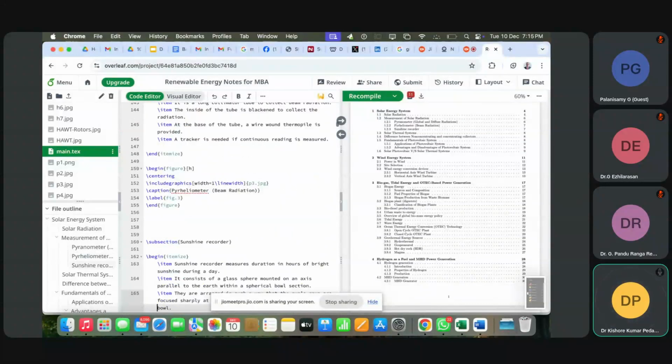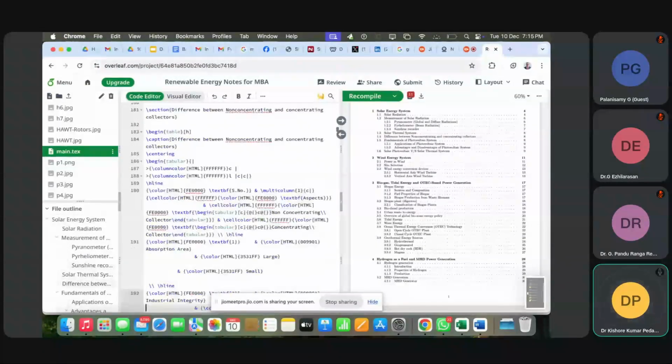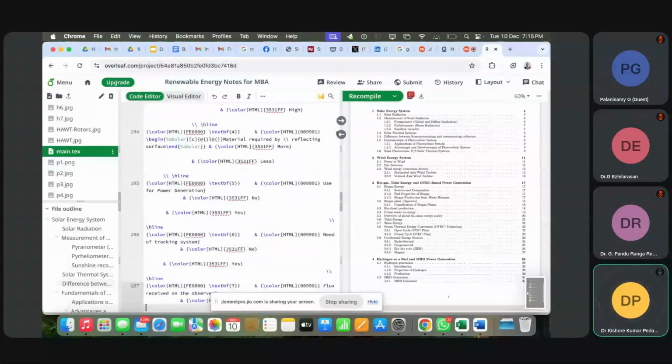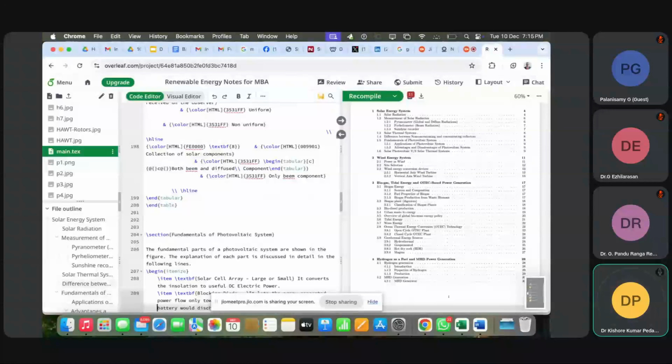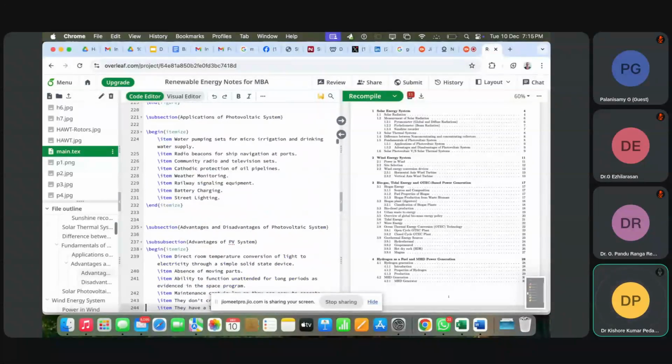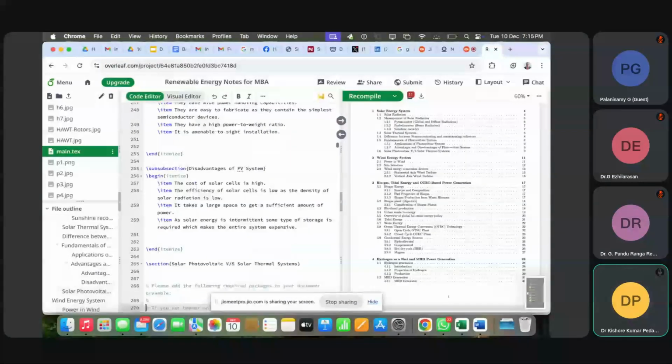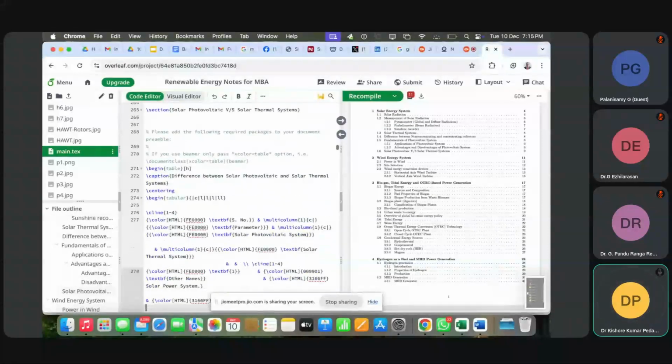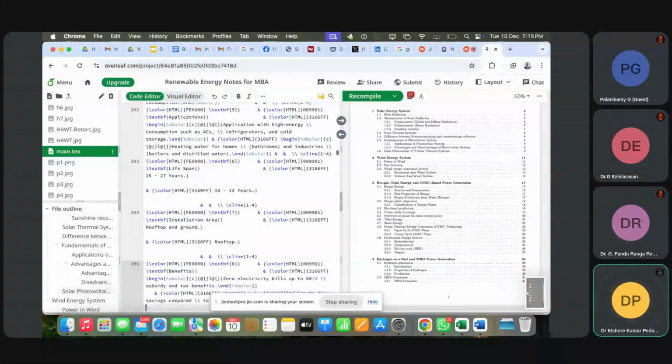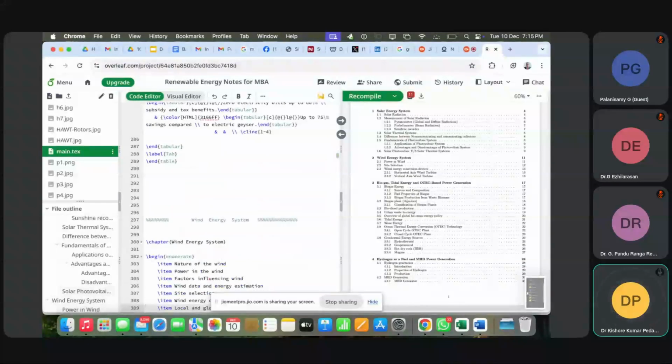Wind energy, periheliometer, sunshine recorder, wind energy fundamentals. Just concentrate, it is very easy and also entertaining. See, this is wind energy. Please make a note of this: wind energy starts from 11 and ends at 13.